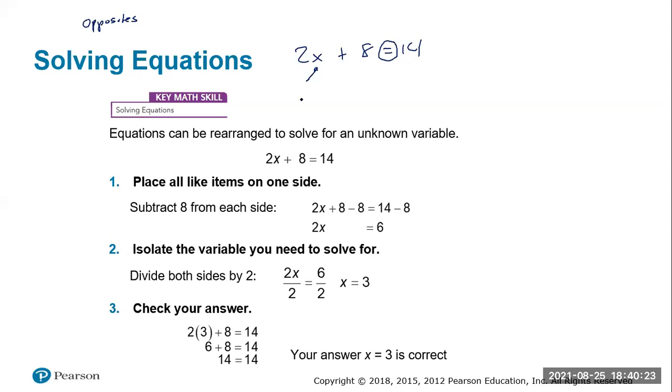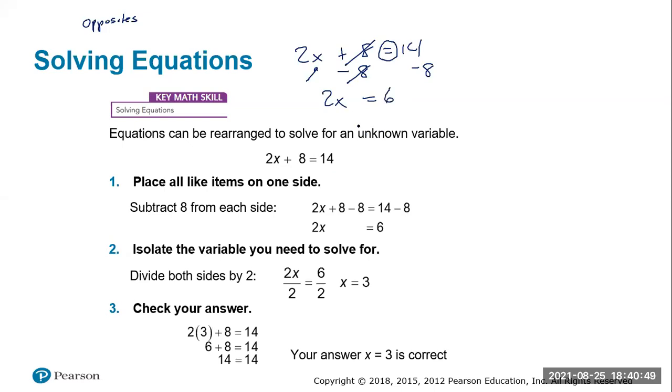And what I mean by that is if we wanted to move the 8 to the other side, we are adding 8, which means we would need to subtract 8 from both sides. And if we subtract 8 from both sides, we will end up with 2x, these guys will cancel, is equal to 14 minus 8, which gives us 6, right?